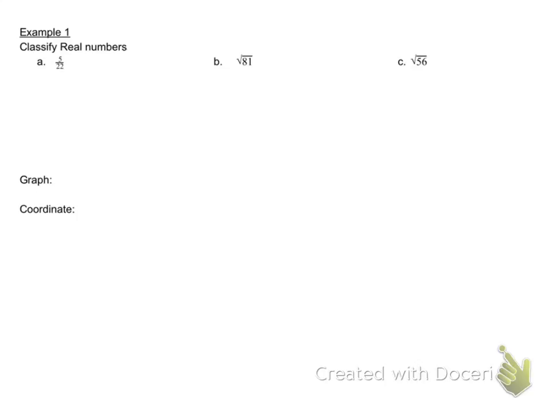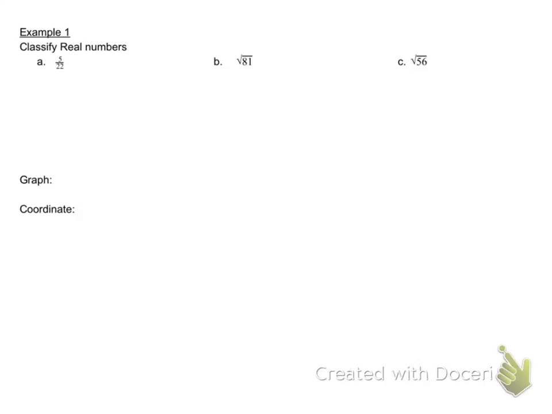Simplify it. It's 9. Is 9 rational or irrational? It's nice. And since it is one of our nice numbers, that means it is an integer. We'll go first, integer. But since it's on the positive side of integers, it's also a whole number and natural.